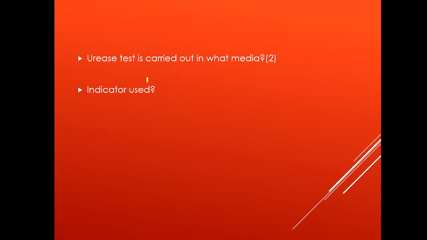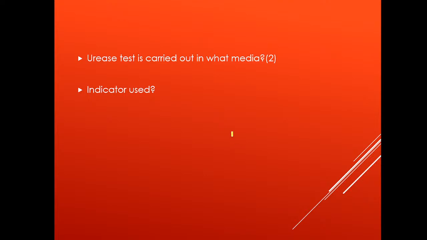Anyway, urease test is another one. There are two culture media that we use for urease: the Christensen's urea agar, or CUA, and then we also have Stuart's urea broth, or SUB, in some books.